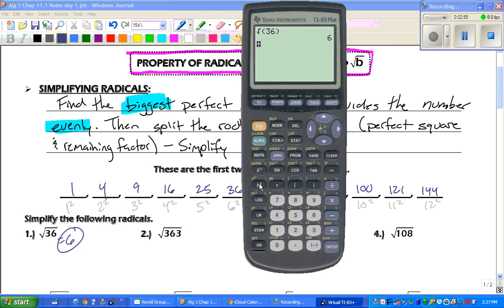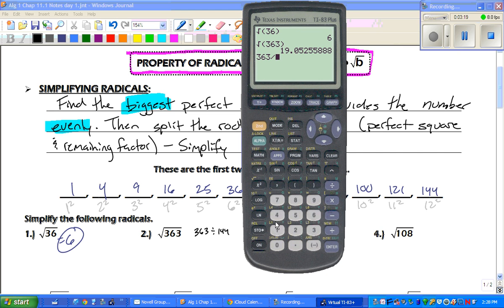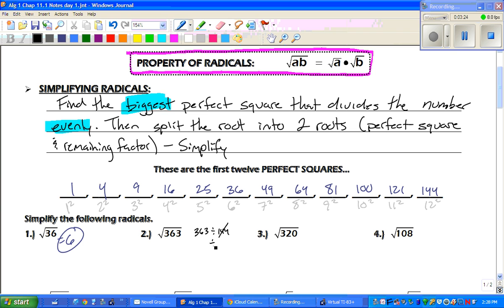But when you've got the square root of 363, we don't want that. We want a number. So what we're going to do is write 363, and divide it by the closest perfect square. That's 144. So 363 divided by 144. Does that come out evenly? No. So then we're going to try 121.